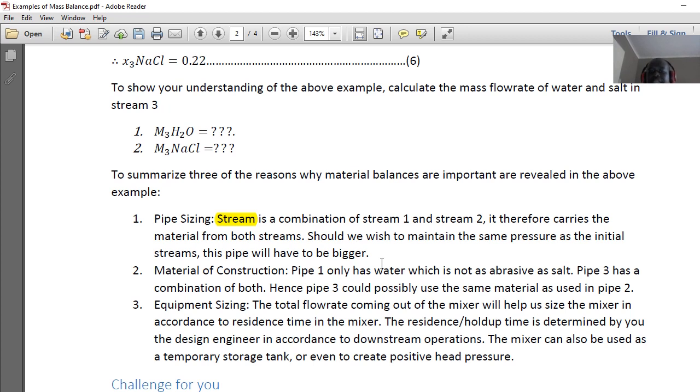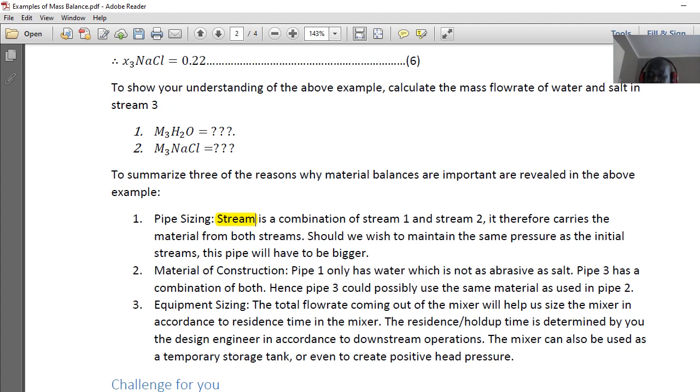If you want to maintain the same pressure, for example, if inlet 1 and inlet 2 have the same pressure and you want to maintain the same pressure going out, that means your pipe will have to be bigger. So your material balance here is able to show you how big your flow rate is so that you are able to calculate the pipe size that you require.